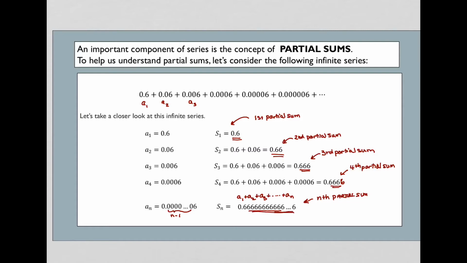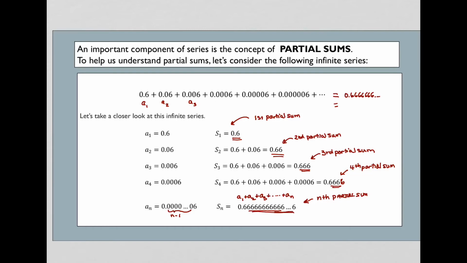I'm inclined to say that if I was to take this infinite series, 0.6 plus 0.06 plus 0.006, etc., all the way to infinity, don't you see that this is actually going to head towards the number 0.6666666 as I go to infinity, where those sixes just never stop and keep getting added?